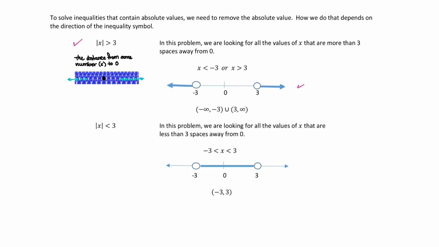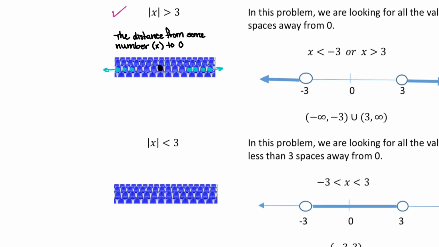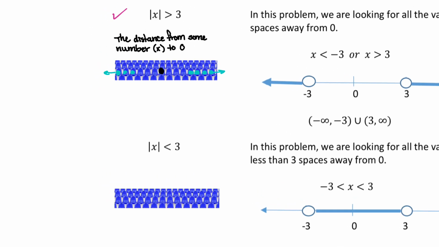I want to look at the bottom part, the less than, okay? So again, let's look at stadium seating. Okay, but this time, what does it represent? If the absolute value is less than 3, okay, so if the distance from some number x to 0, let me try that again. The distance from some number to 0, that's what absolute value of x means.